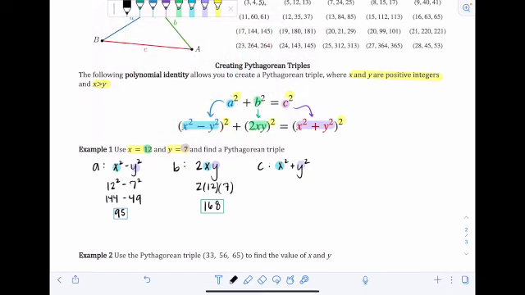So it'll be 12 squared plus 7 squared. 12 squared is 144, plus 7 squared is 49, and then we just need to add them together. So 144 plus 49 is 193, and that is the third number from our triple.